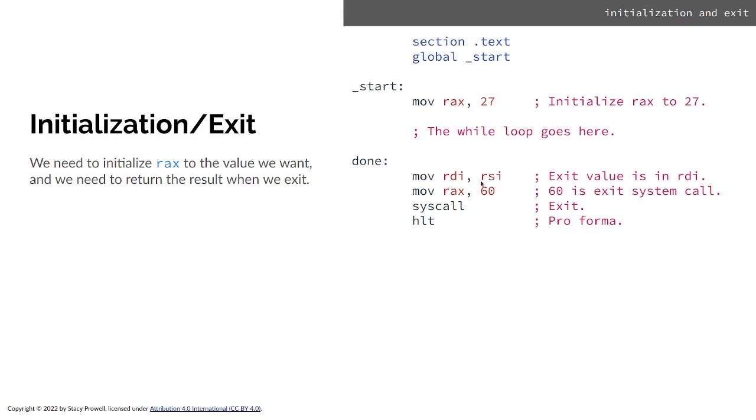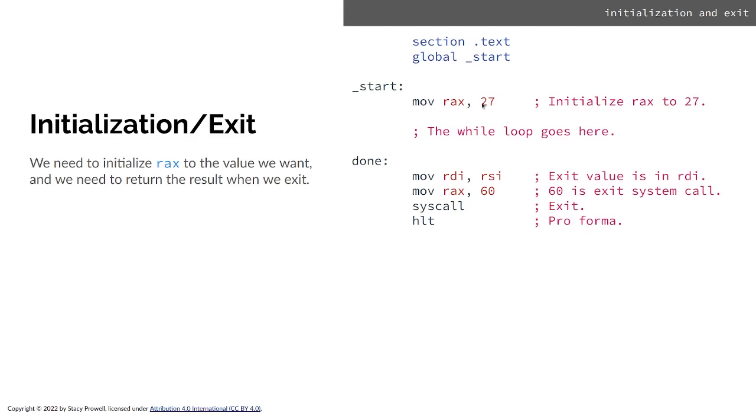So RSI holds my stopping distance. And by convention, RDI holds the return value for the program when I do this last syscall. So I'll take the stopping distance that I've computed, I'll put it in RDI, and then I'm done. So RDI gets RSI, and then I exit. This is the return value, and I exit.